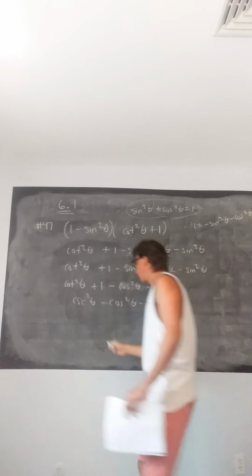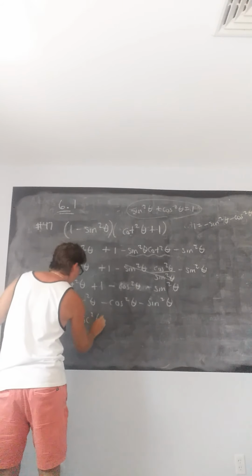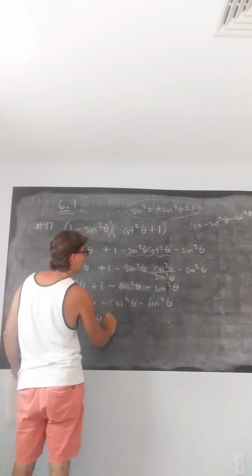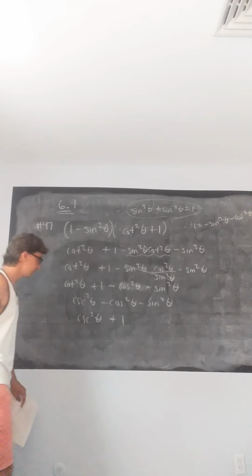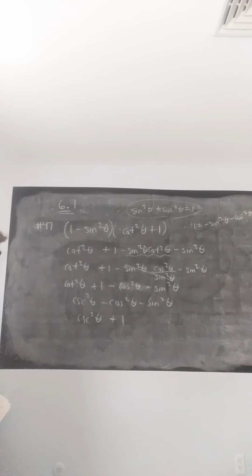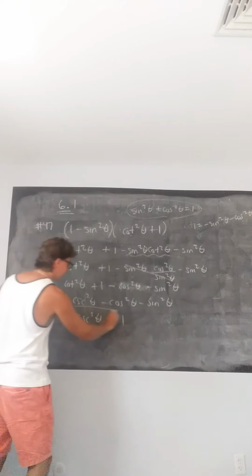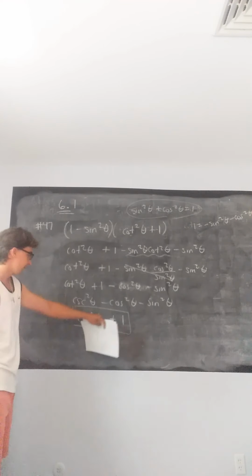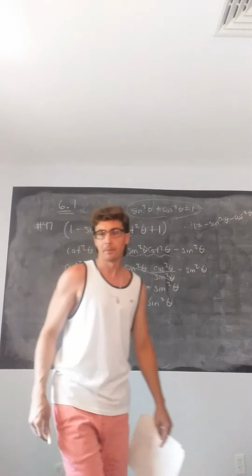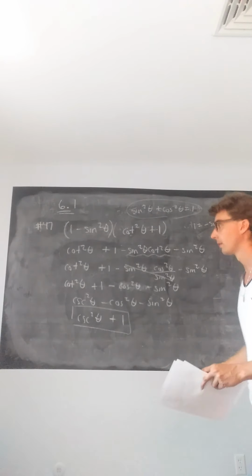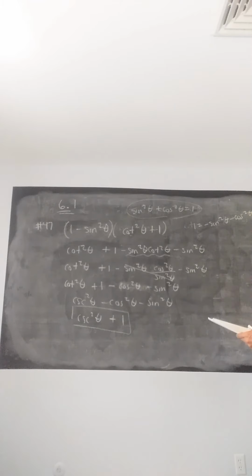So now we could call this cosecant squared plus 1, just like that, okay? And I think this is the best thing we're going to be able to do here, because if that was a minus 1, we could call that cotangent squared, but we can't. So cosecant squared theta plus 1.